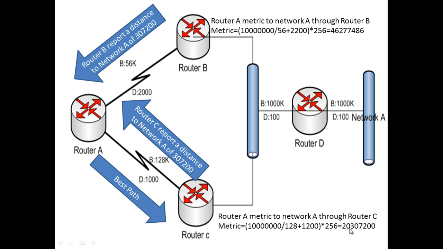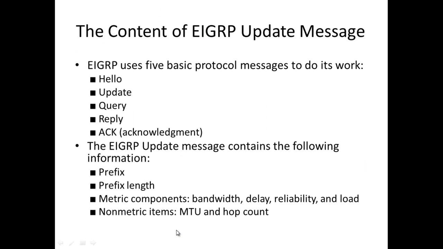The total is 20307200, which is lower than the number from router A to router B, which is higher than the distance on router B, and then router A will choose the best path through router C.